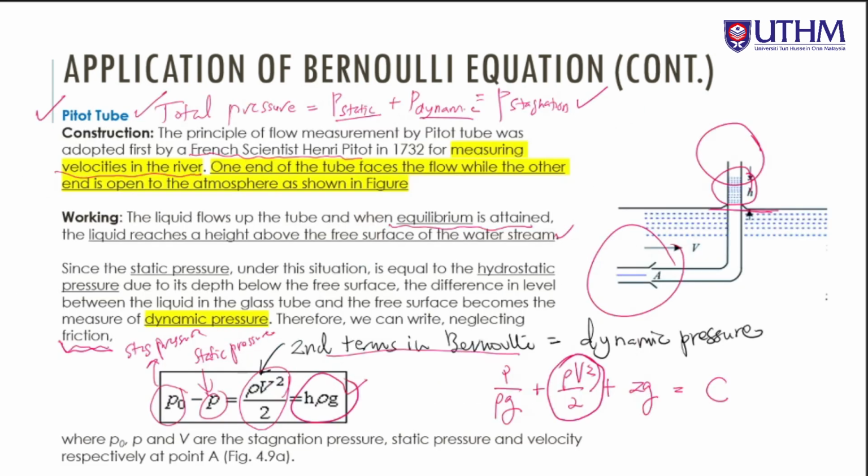Okay, so kalau kita tengok dekat sini kan, macam saya cakap tadi kan, the second term in Bernoulli which is kita consider untuk pitot tube adalah dynamic pressure. That is why kita consider yang ni sahaja kan, untuk dapatkan dynamic pressure. So that is why kita equatekan kat sini rho V squared over 2 sahaja, kita tak consider yang ni.